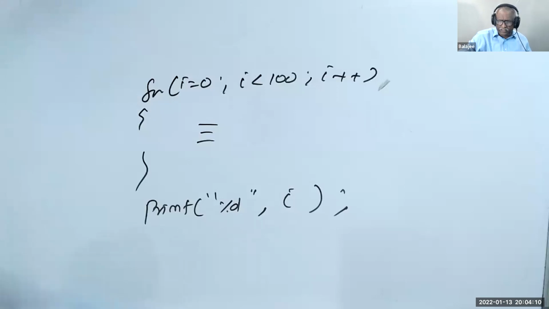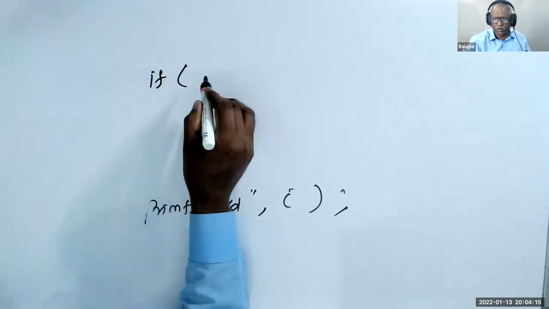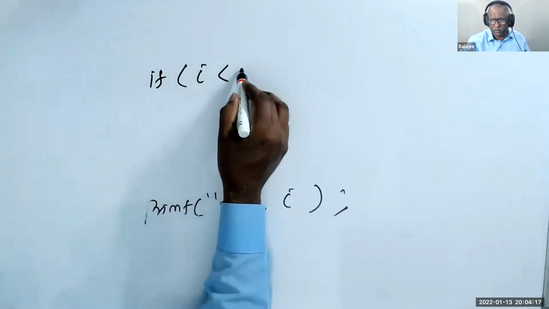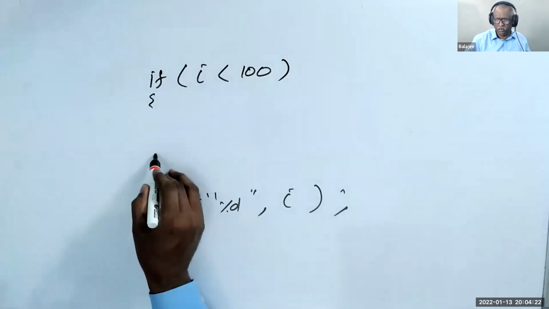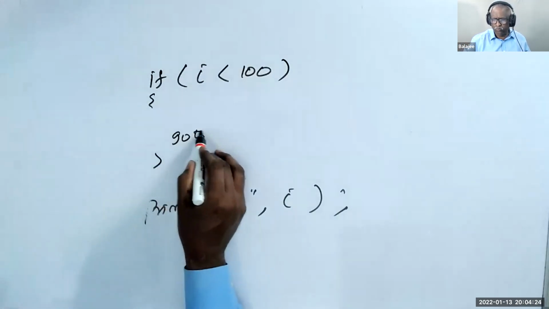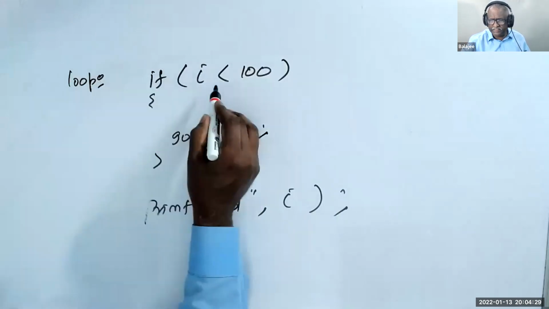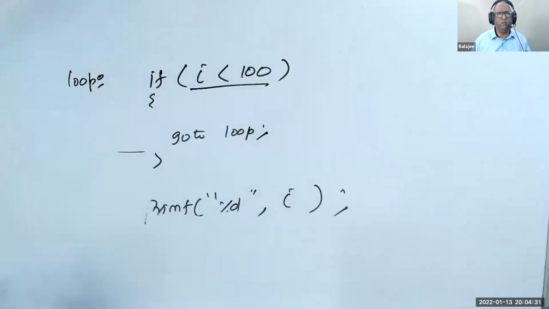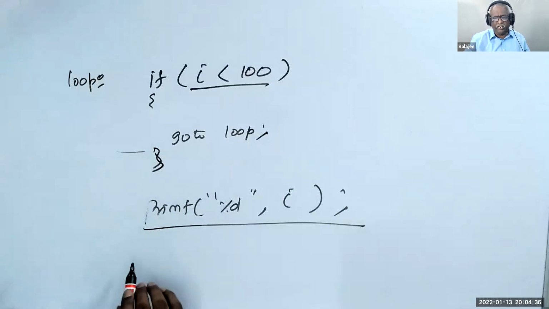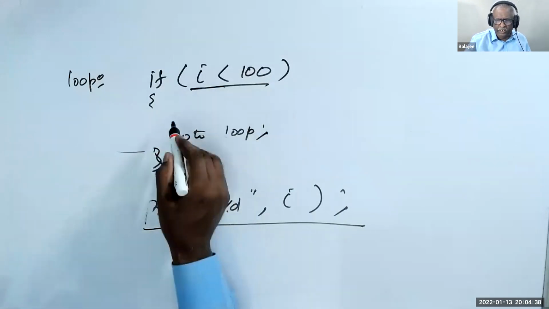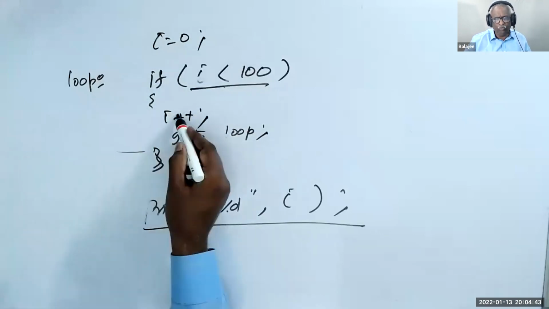But if you do the same thing here, see, if I is less than 100, go to loop. See, I is less than 100, go to loop. So it gets out of here, it is coming out here and printing I. The moment I say I is 0, I plus plus, I increment the I now.